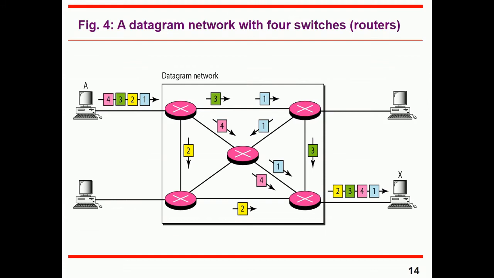It is shown that at the receiver end, that is X, those packets are received in a different order. They are not received in the order as they were sent. So some reassembly is required at the receiver end so that the actual data can be retrieved. This is the functioning of the packet switched network.